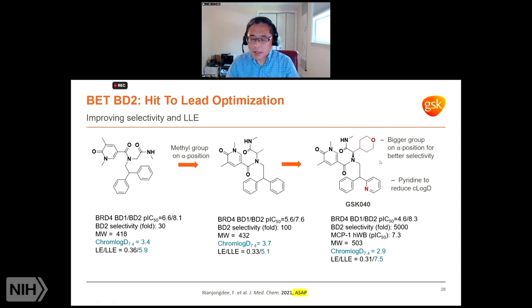And this compound became a very good tool compound to study the biology of the two bromodomains.